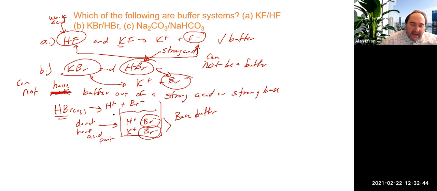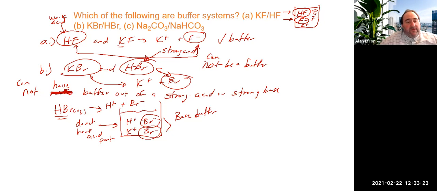So it lacks that acid part like we would have in an HF solution. In an HF solution, we would have HF floating around, we would have F minus floating around, we would have that K plus floating around and F minus. So in a weak acid, because it sets up an equilibrium, it keeps the acid part in the solution, just like a weak base would keep the weak base part in the solution. So you cannot have a buffer that is made up of a strong acid or strong base, again, because they really will not set up the equilibrium. It will not allow that part to stay in solution to help act as the buffer that's needed.